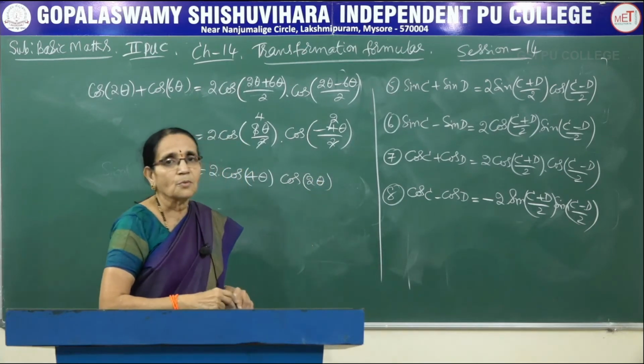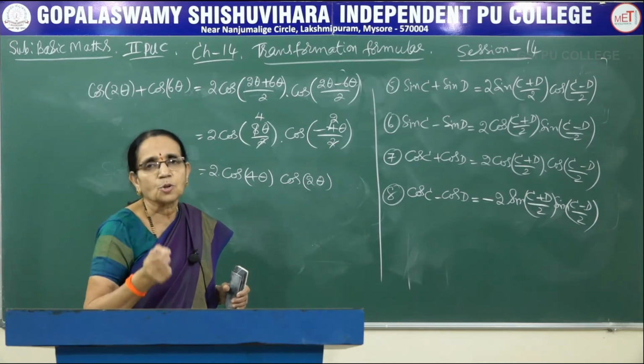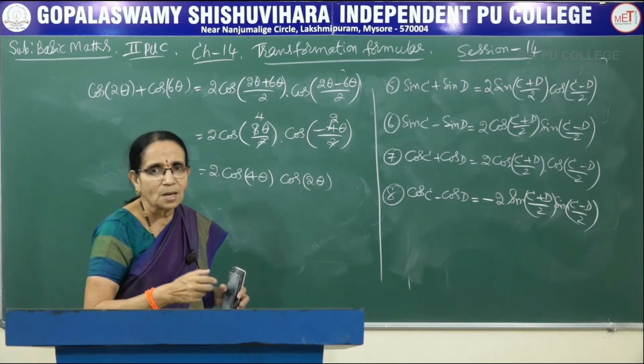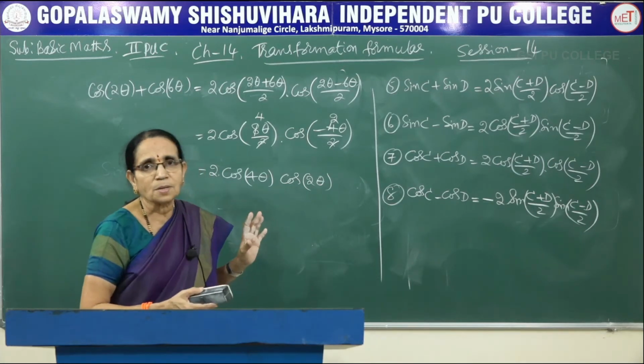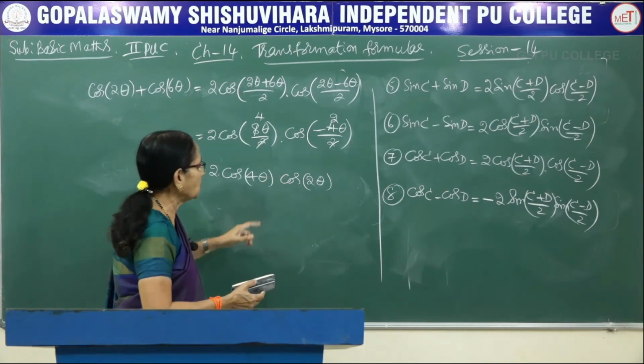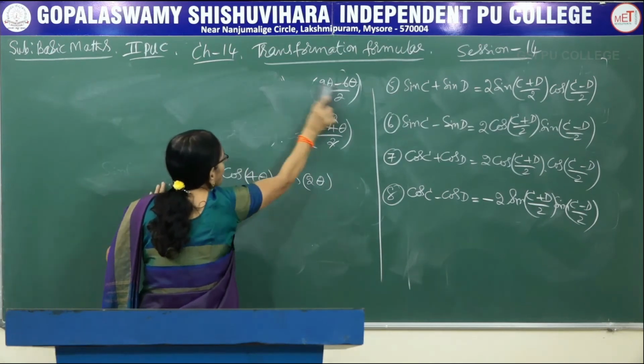So it is cos of plus 2 theta. If we had sin of minus theta, we should have written minus sin theta. Or tan of minus theta would be written as minus tan theta, whereas cos of minus theta would be plus cos theta. So this is the answer we get for the sum converted into a product.